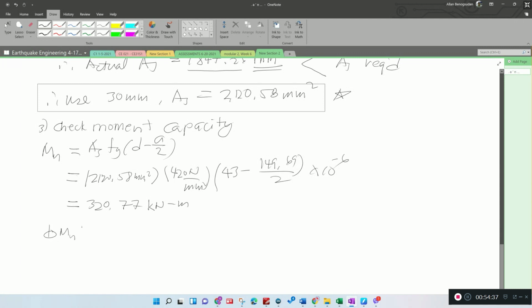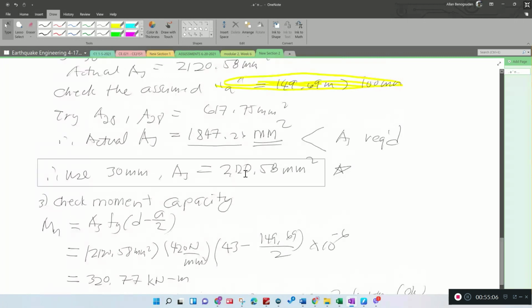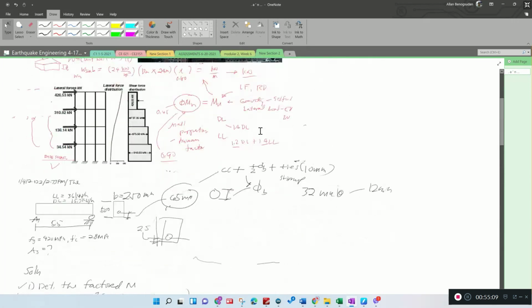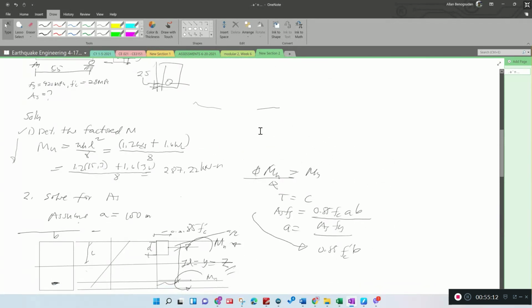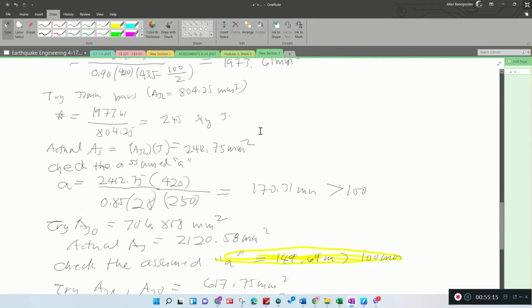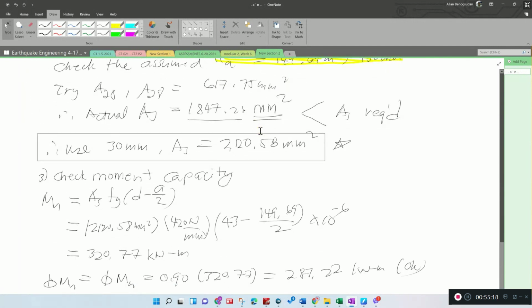Since we say it's 0.90, then 0.90 multiplied by 320.77, we come up with 287.22 kilonewton meter. So is that okay? It's okay. That's 288. I'm sorry, it's wrong.